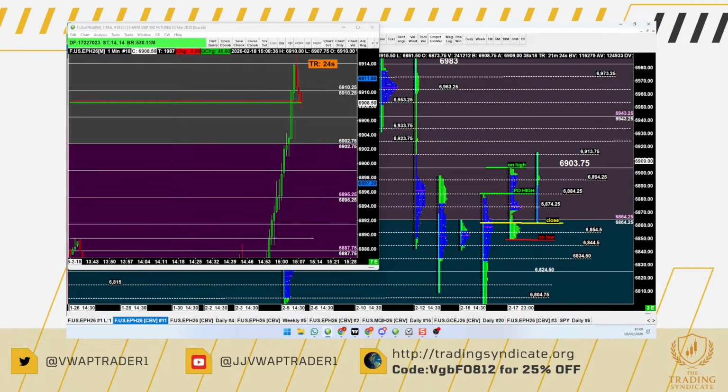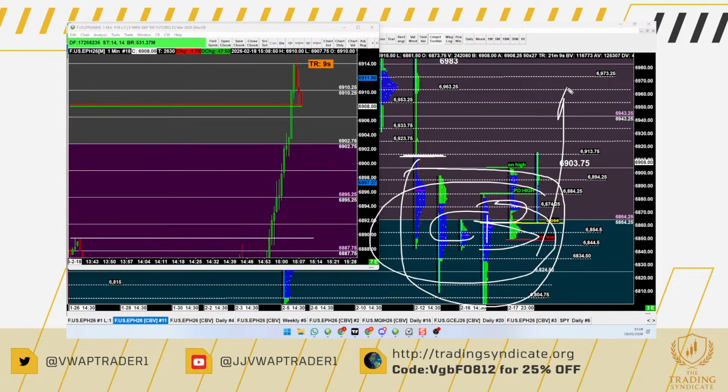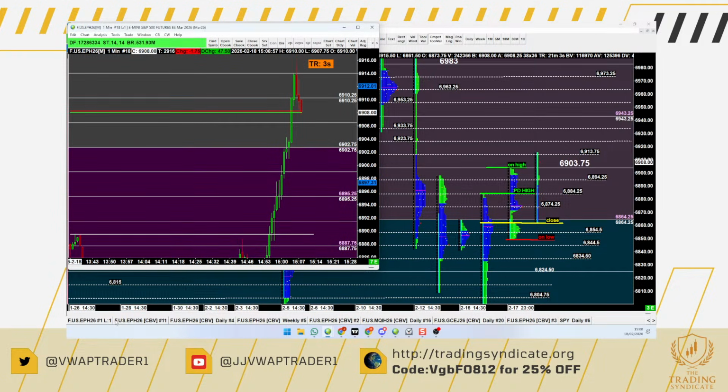You don't need to merge the profiles. Once we get over 69.13, all of the cost basis of that liquidation move is going to be underneath us. The inventory is underneath you. What do you do in a market? You take the cheap stuff and you go sell it higher. So you can use composite profiles.